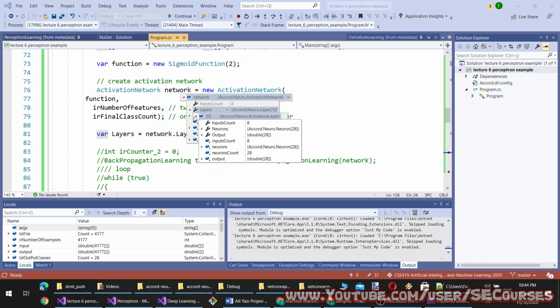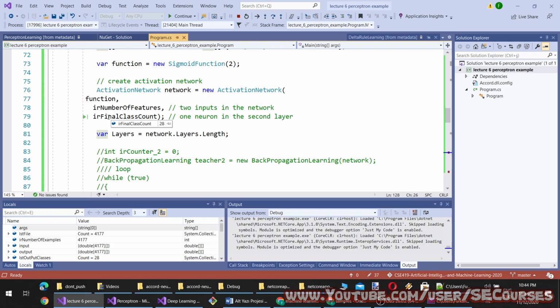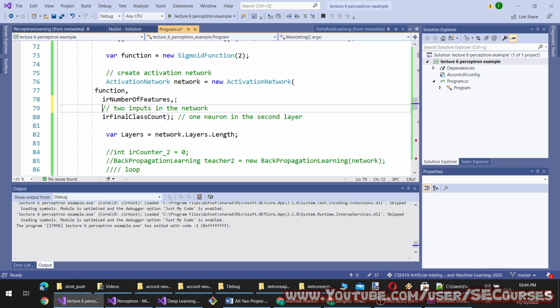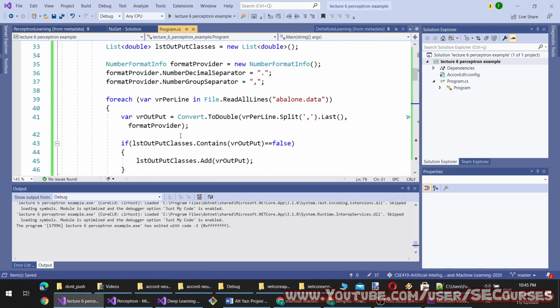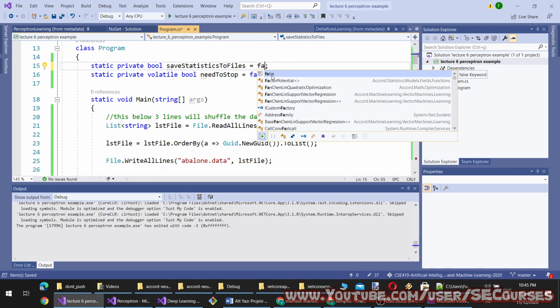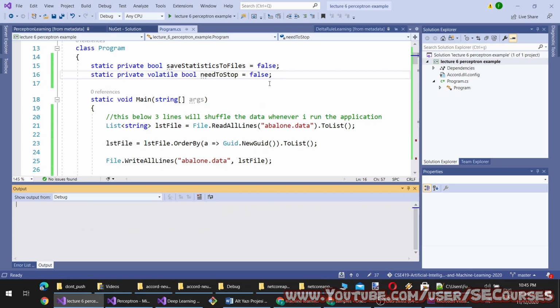It has, oh, it has 28 neurons. I think it is one neuron in the second layer and 2 inputs. Maybe we can add another neuron here. And I will move this to make it faster. Let's see.